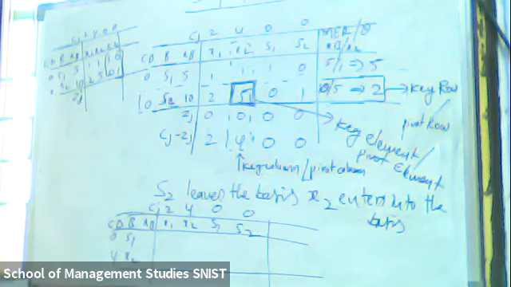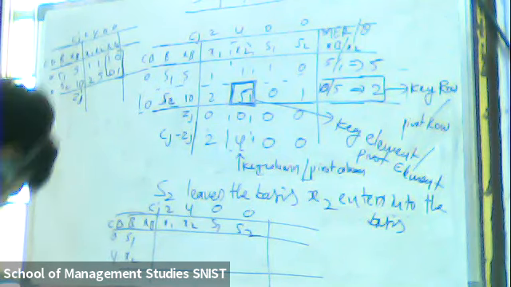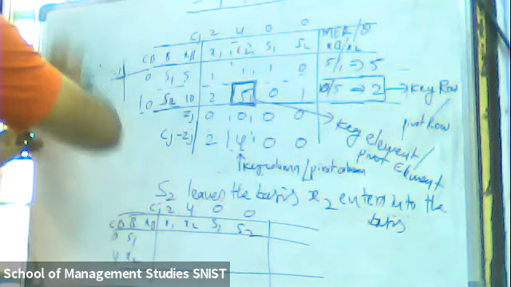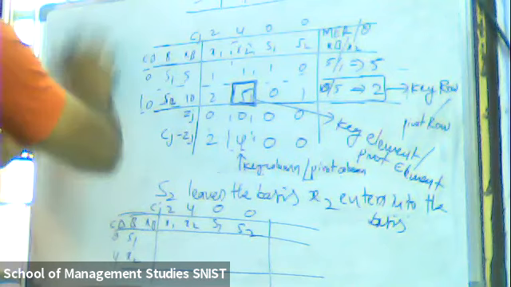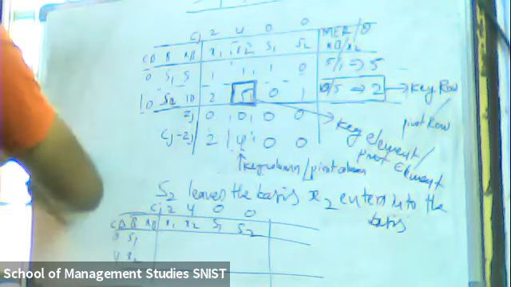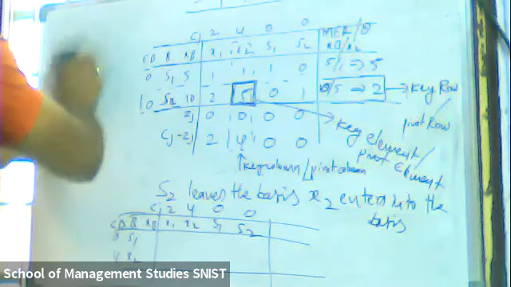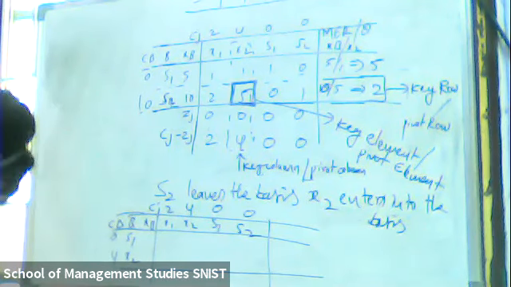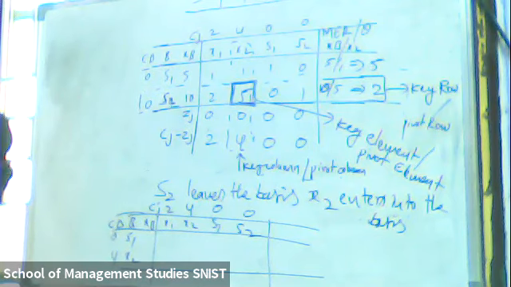Now listen, this is the most important one. If you understand this, then you may complete the whole simplex process without any hurdles. But if you did not understand this, then you may get stuck again.